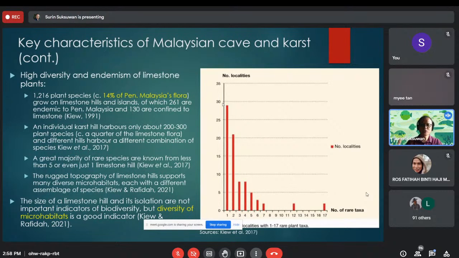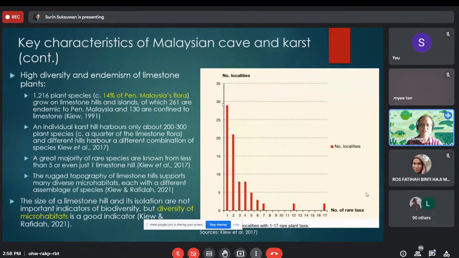So just conserving one or a few limestone hills, you will not get the full range of the species, right? You'll miss out on some species. So that's the complicated thing. Different hills have different assemblages or combinations of species. And some of the really rare plants are only found on one or a few hills, okay?